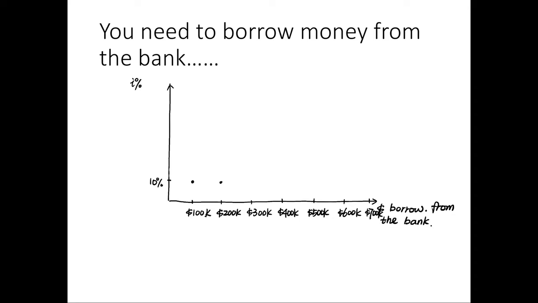But if you want to borrow more, like over 200K, but less than 300K, the interest rate is a little bit higher. Maybe 12%. Okay, so let's label these intervals in advance so that we know where we are.